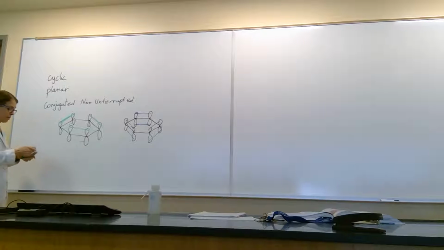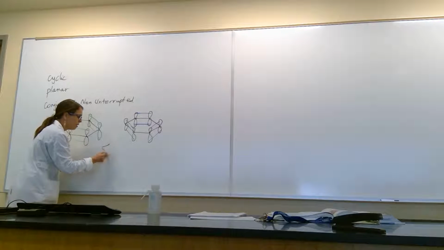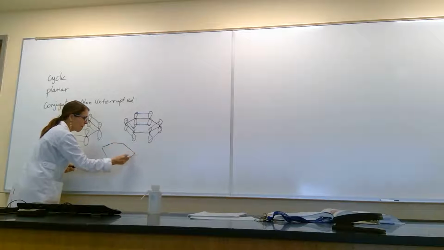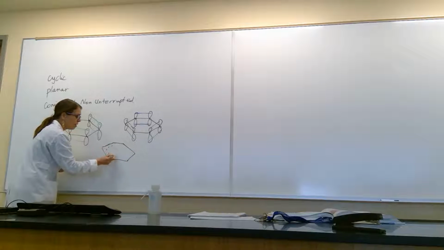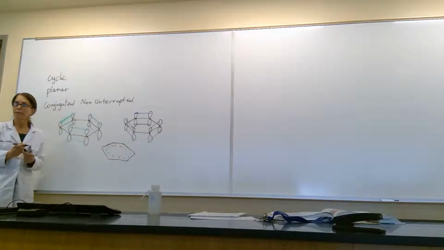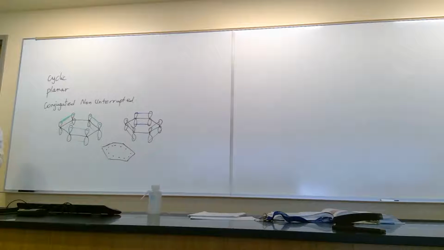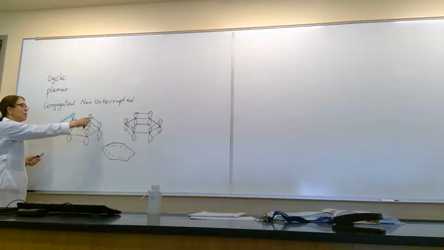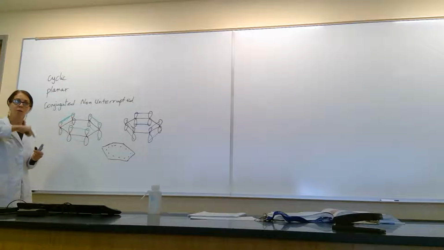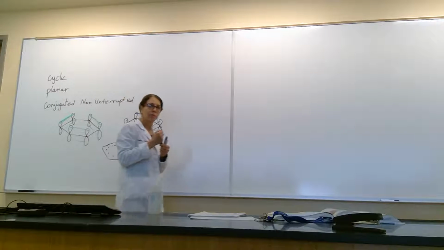The way we write it, we write a circle, and then you see little dots like this in some of the books. So what does it mean? It means these electrons are constantly running around in a circle. They never stop.